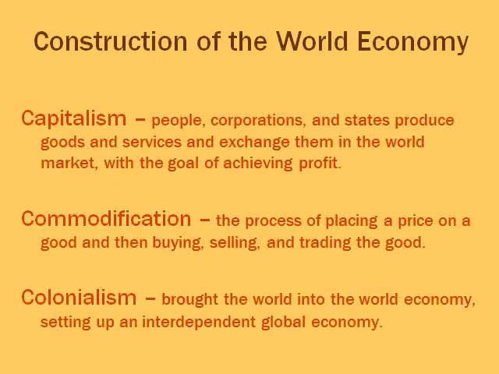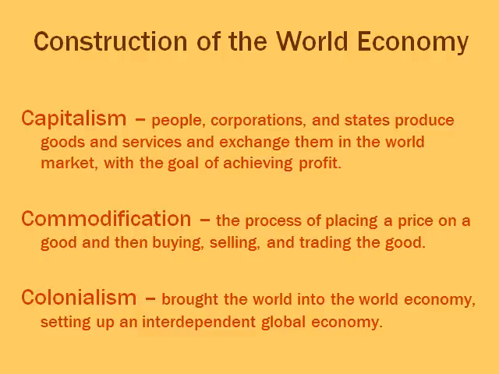Real quickly, to go back to these terms, we kind of talked on most of these, but I want to reiterate a little bit about commodification. Commodification is the idea of buying and selling goods. We mentioned it previously in chapter 4 with culture, where you could have a local culture or even pop culture engaging in commodification, where you buy and sell something that didn't used to be bought and sold.